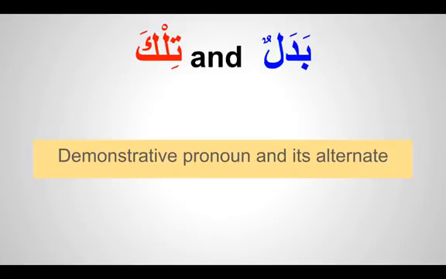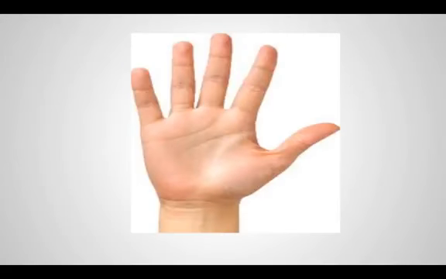So, inshallah, in today's session, we're going to learn about a demonstrative pronoun called tilka and its alternative, what is called a badl, inshallah. So, as usual, I want you to all have a very thorough understanding and memorization of these pronouns.